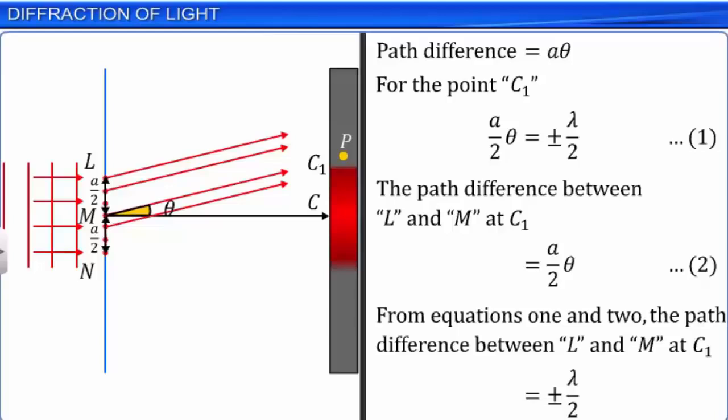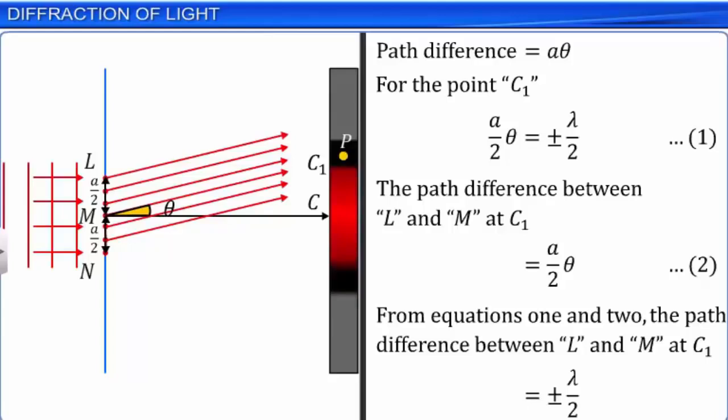Hence, every wave arriving at C1 from the upper half of the slit LM interferes destructively with the one coming from the bottom half of the slit MN. The intensity at C1 is therefore 0, and C1 corresponds to the first minimum of the diffraction pattern.